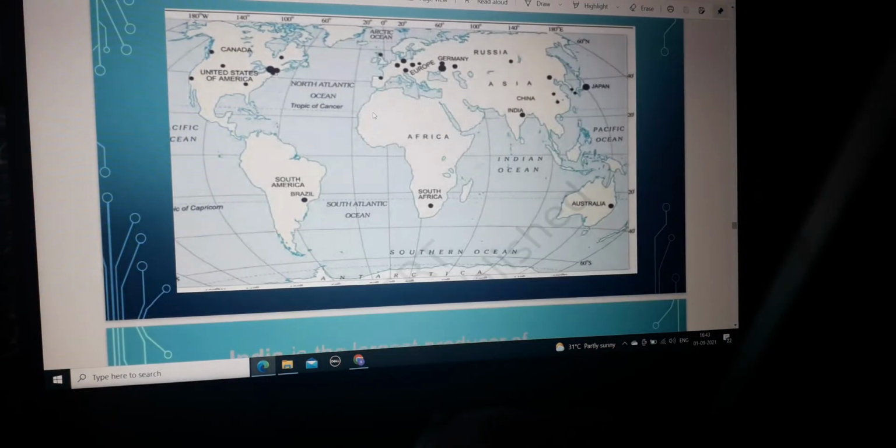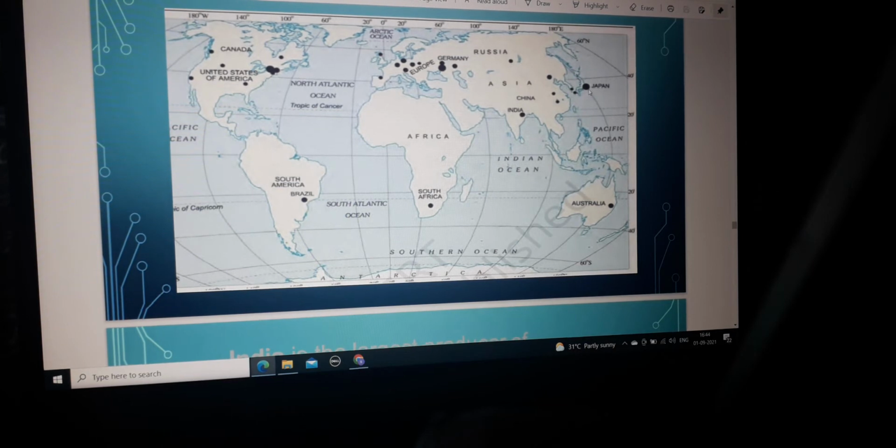Now there are certain areas in the world which have a lot of iron and steel industry. If you see this in the United States, this is a cluster of iron and steel industry. Again in Canada, again in the United States, in South America, in Brazil. Then there are certain ones in Germany, Portugal, England, and in India, this is the TISCO plant.